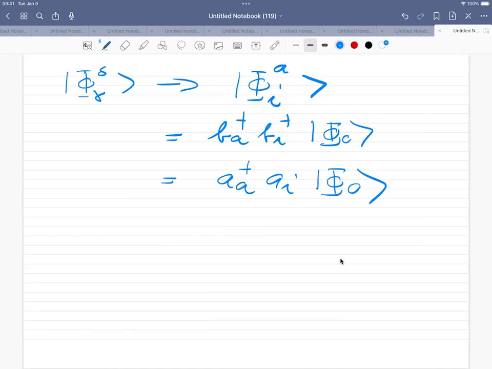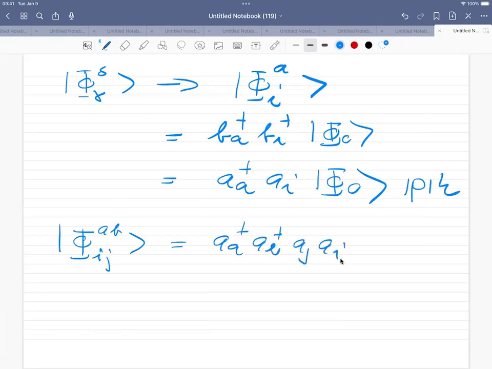So this is what we call the one-particle, one-hole state, 1p-1h. I can define a new state, given by ij, ab, which will be a_a dagger a_b dagger a_j a_i acting on the vacuum state. And this is a two-particle, two-hole state.